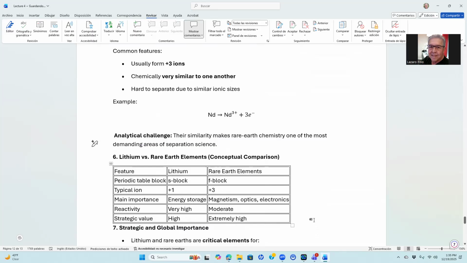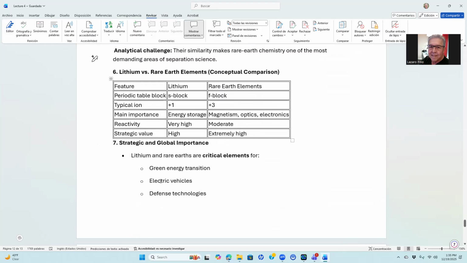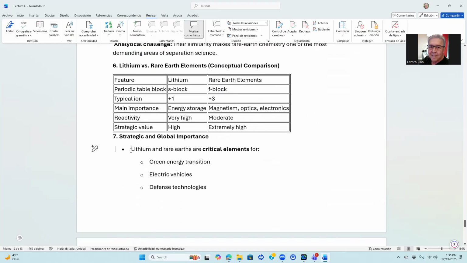You can see how the United States of America is looking for this kind of elements everywhere in order to improve even the new devices and the artificial intelligence. Let's continue with lithium.